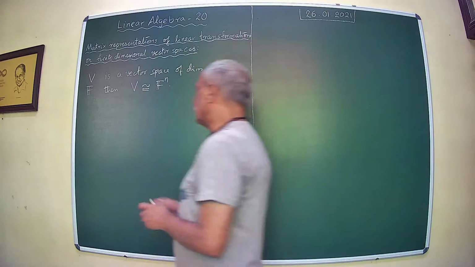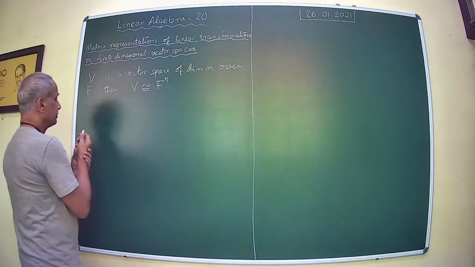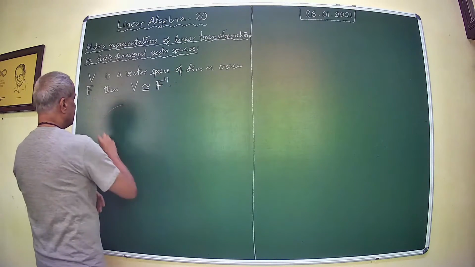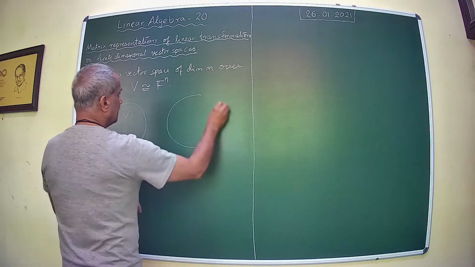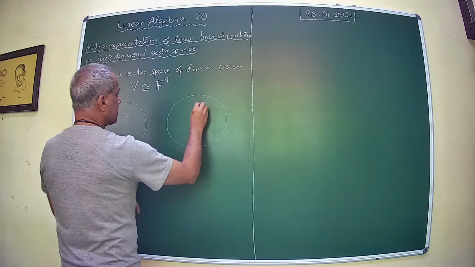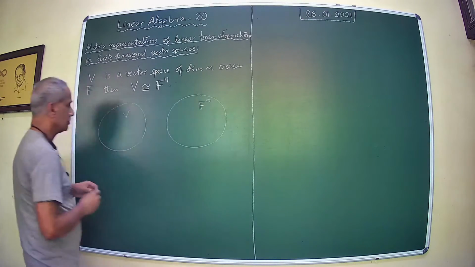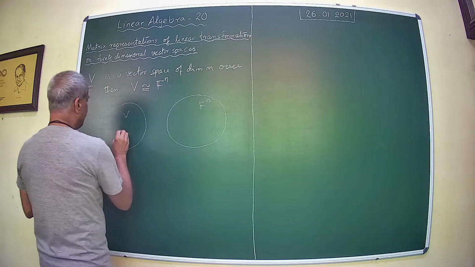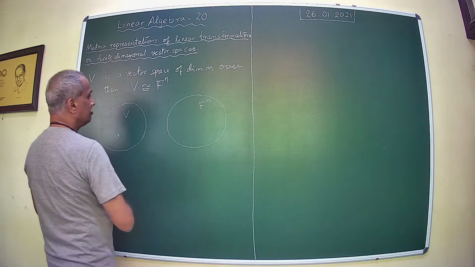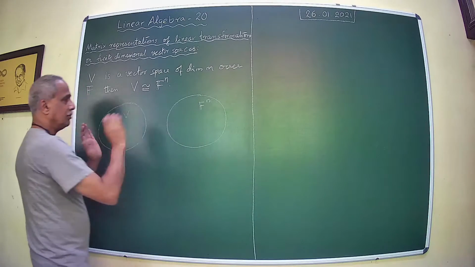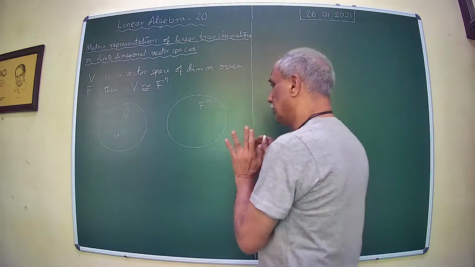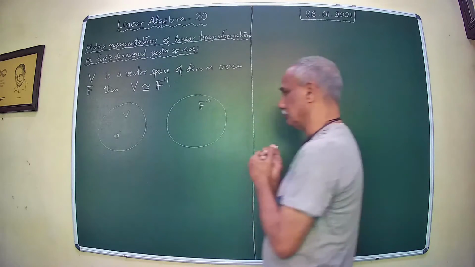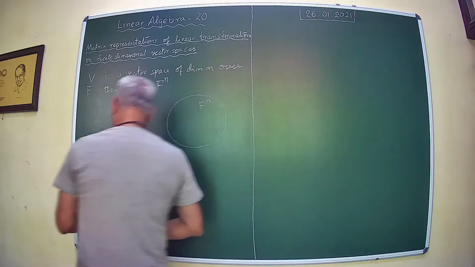So let us look at the following. V is the vector space and this is a copy of it. Now if you take a vector v here, we are going to establish an isomorphism to F^n. How do we define an isomorphism? This is done as follows.